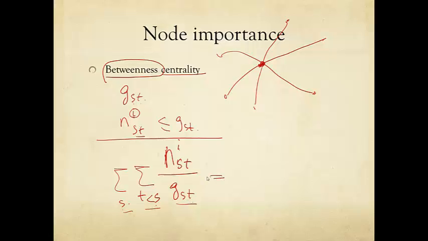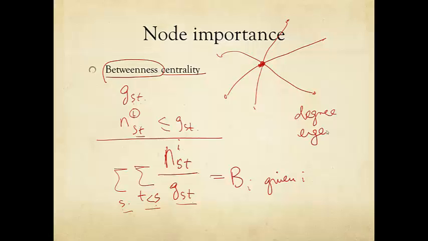Now we call this summation, the sum of the fraction of the shortest paths that node i sits on across all the other node pairs, betweenness for node i, b_i, for each given node i. So now we've got 4 notions. Degree, which we know is hardly a useful quantity in many instances.